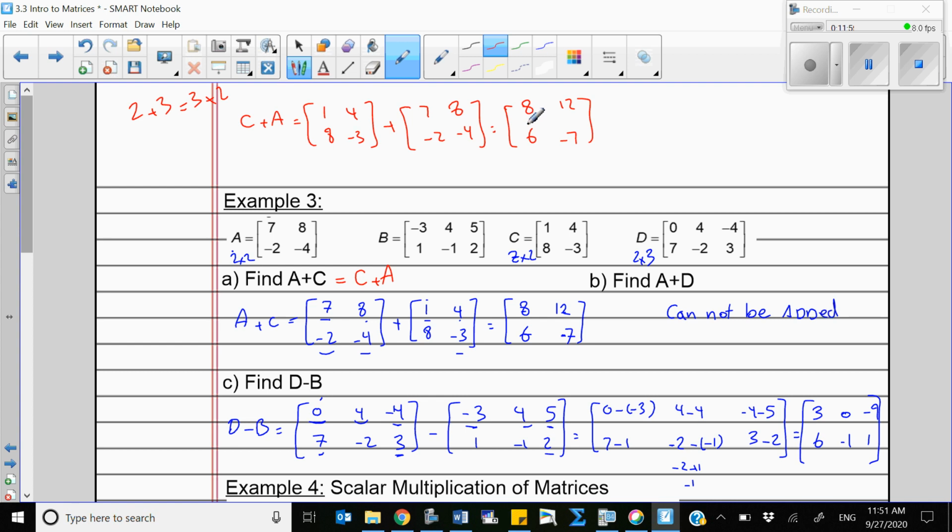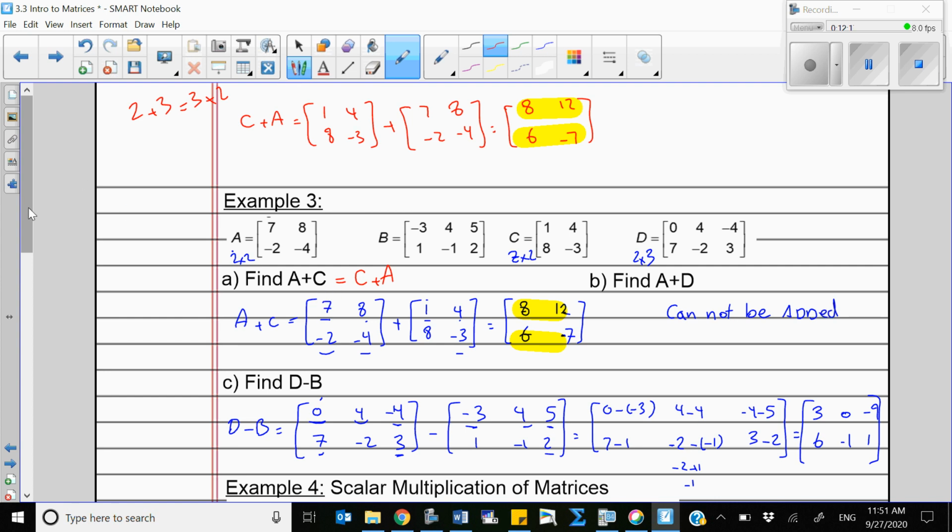And as we see, this is exactly equal to what we have here. So we prove that A plus C is equal to C plus A. That is the commutative property of addition of matrices.